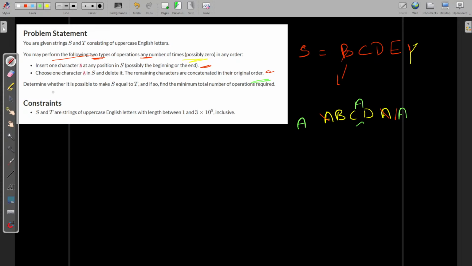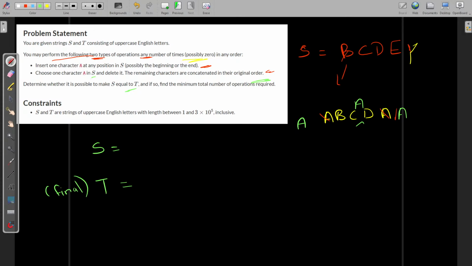Now we have to identify whether it is possible to make string S equal to string T. And if it is possible, then find the minimum total number of operations required. So we will be given two strings. Actually, T is the final string, so let us denote it with final.